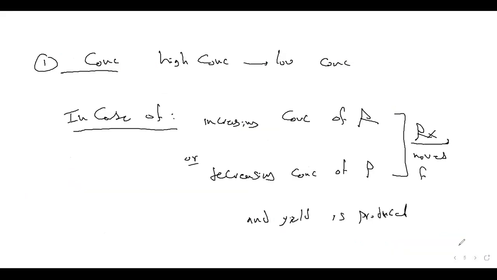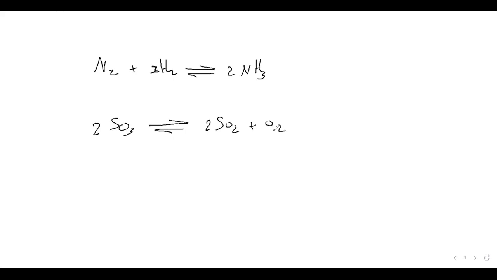For example, if we have N2 plus 3H2 gives 2NH3, then 2SO3 gives 2SO2 plus O2, and H2 plus I2 gives 2HI.